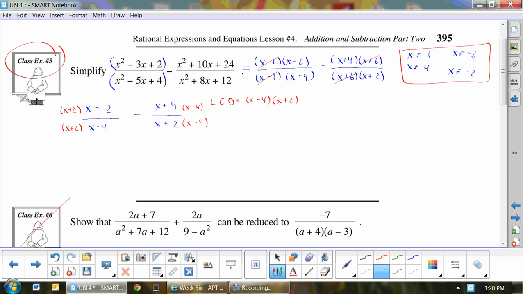You got to FOIL the tops. The bottoms you can leave factored. That's fine. But FOIL the tops. So we get x squared plus 2x minus 2x minus 4. Right there. And then in this one, we get x squared plus 4x minus 4x minus 16.